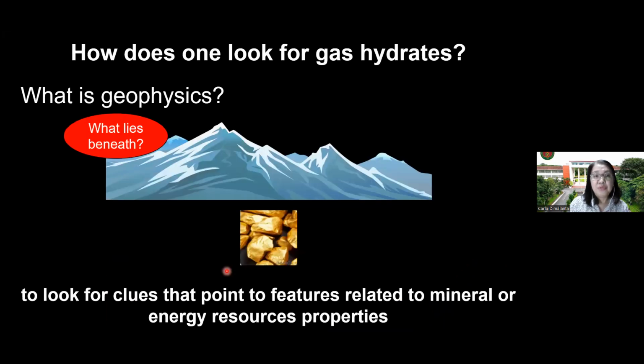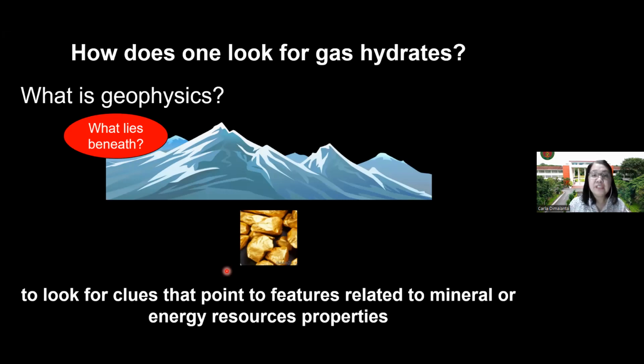So what we do with geophysics is you have to carry out a geophysical survey, meaning you have to operate an equipment, and that equipment measures physical properties that are related to the mineral deposits or energy resource deposits or groundwater deposits that you are trying to look for.